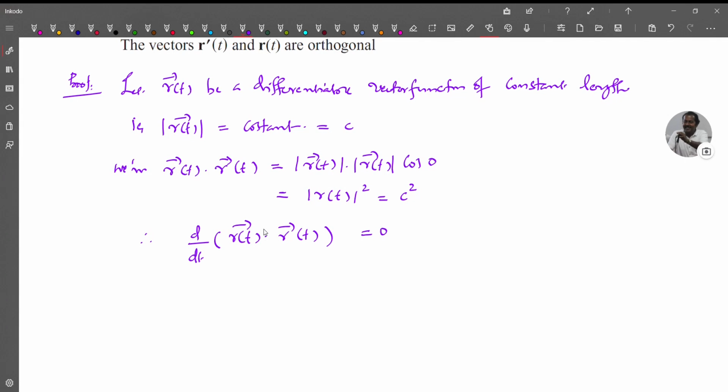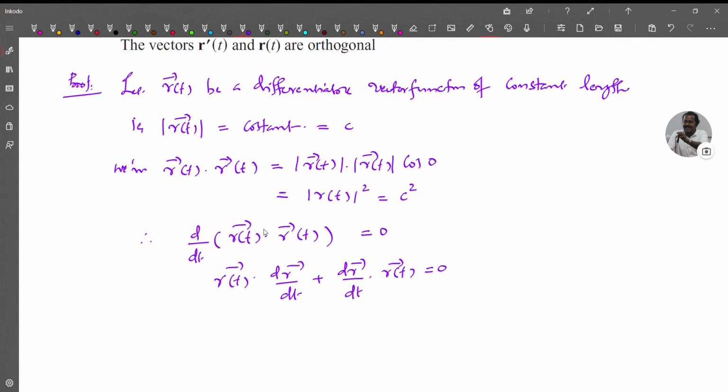Now you use the dot product rule. This is equal to r of t dot dr by dt plus dr by dt dot r of t equal to 0.